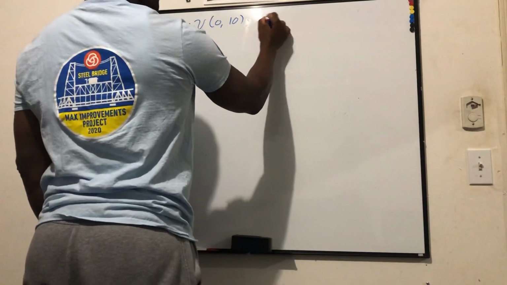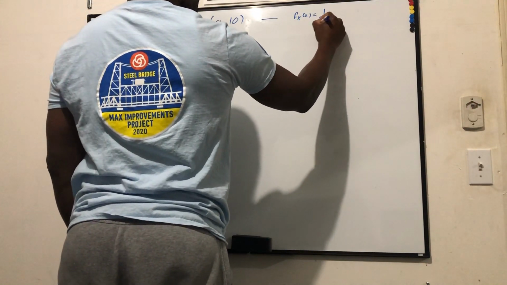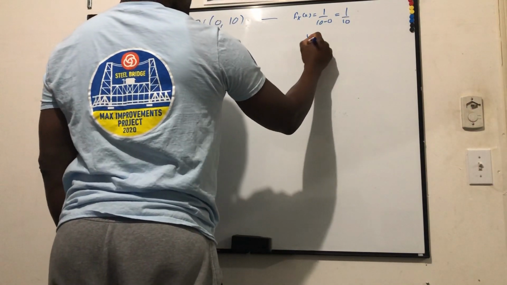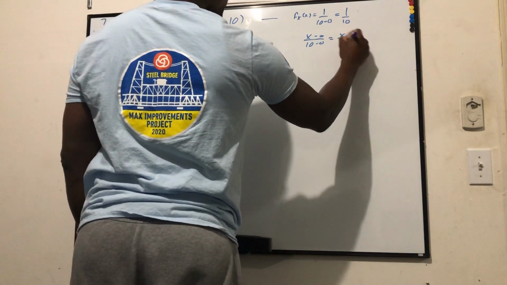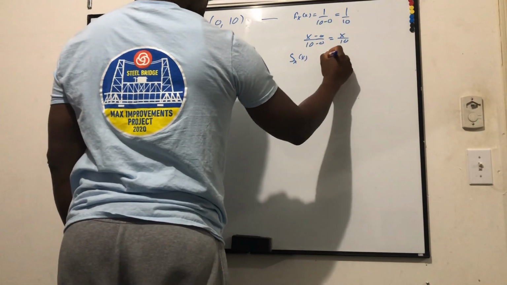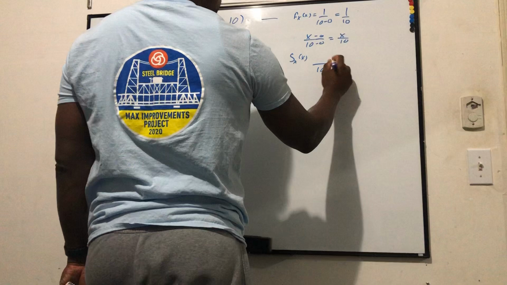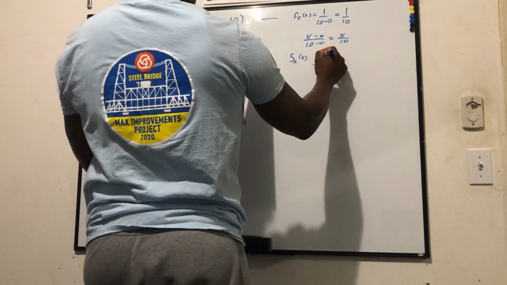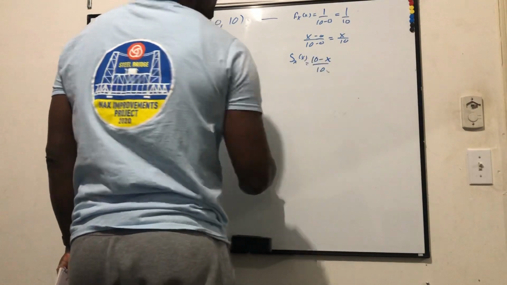So the first thing I know is that f of x is going to be 1 over 10 minus 0, which is 1/10. Then I know that my CDF is going to be x over 10. My survival function will be, I'll just look at what I wrote down here, oh yes, 10 minus x over 10.